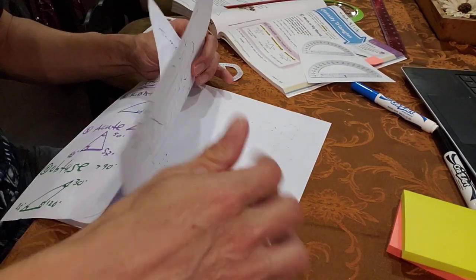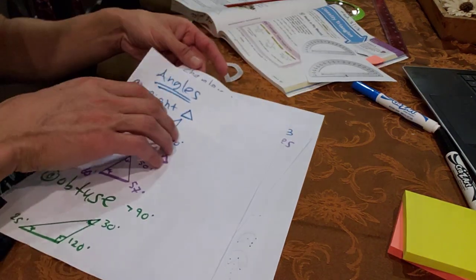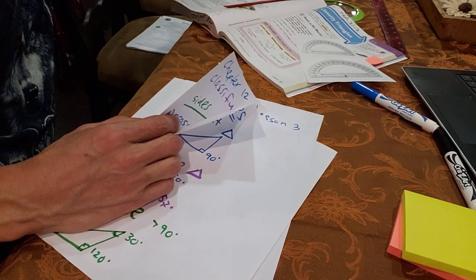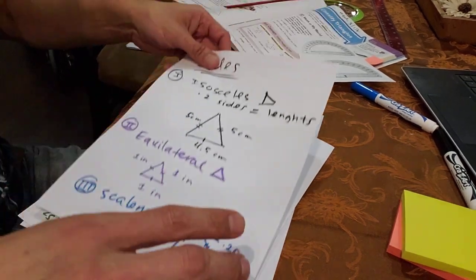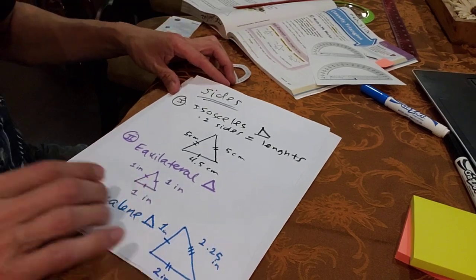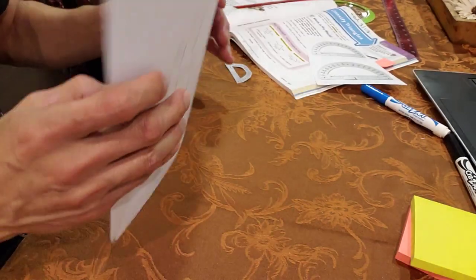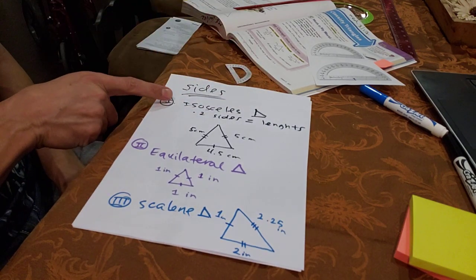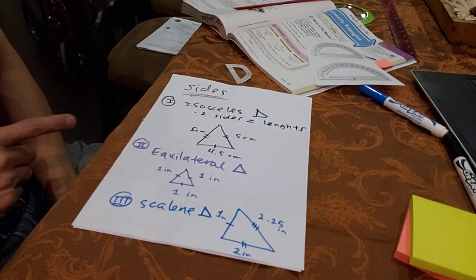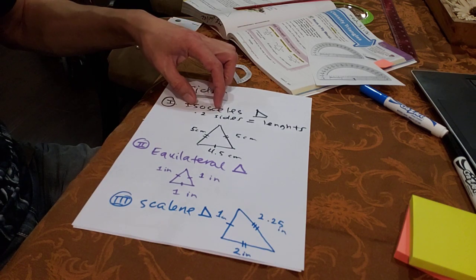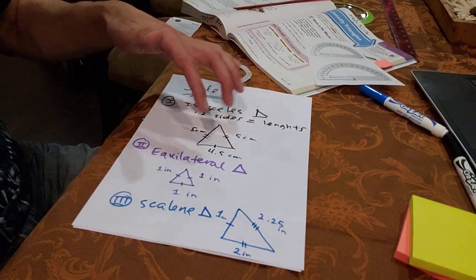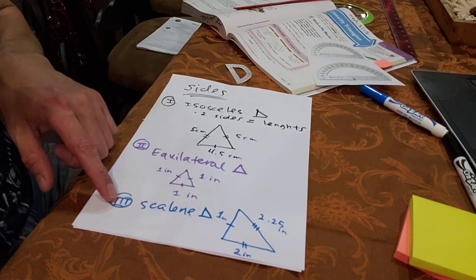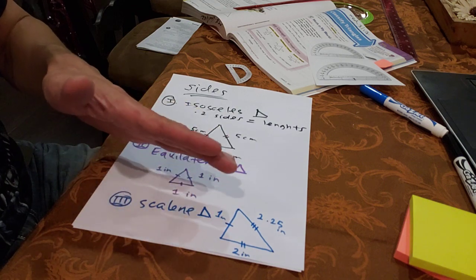If we're looking at sides, we may have an isosceles triangle or an equilateral triangle or a scalene triangle. Isosceles, two sides equal length. Equilateral, all sides equal length. And a scalene triangle, no sides equal length.